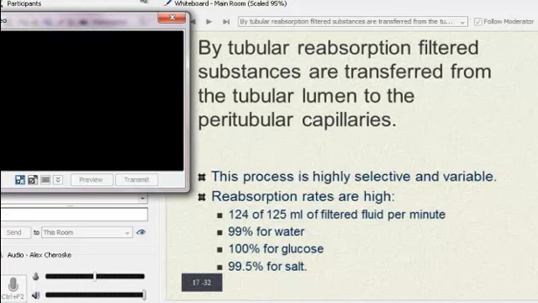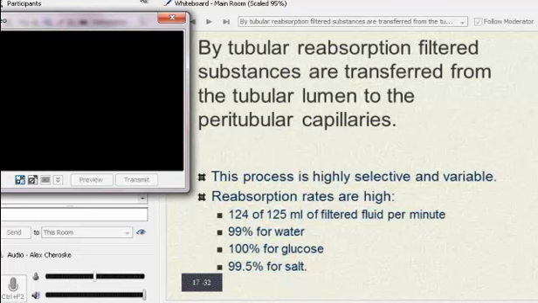So it's equally important that we get rid of excess as well. So in that case, maybe we get back 80% of that water, and we let that excess 20% go, so we can make sure that we stay in balance. So that's the variable part. It depends on the condition of the body, and it depends on what the particular solute is. Some of those things we really want back, and some of those things, yeah, we want to let those go. So that's the variable part of it.